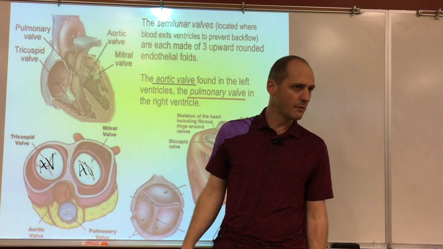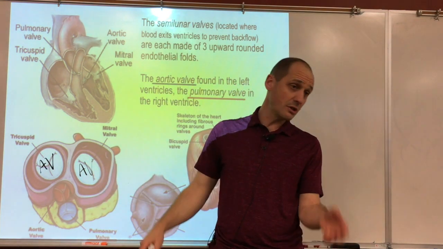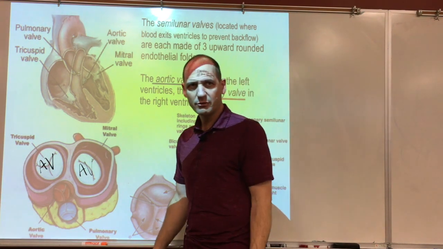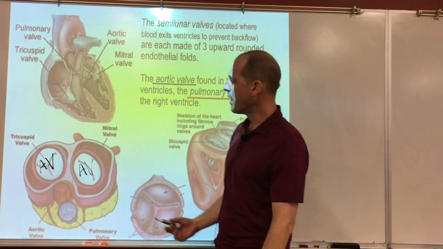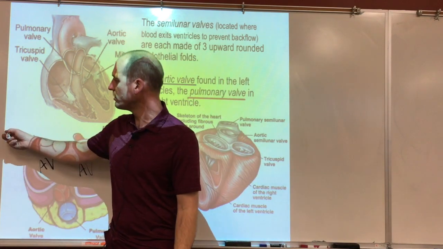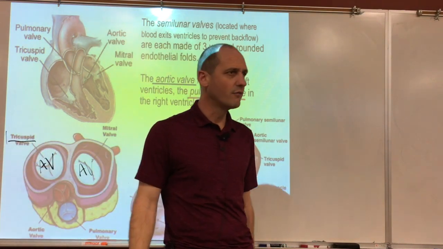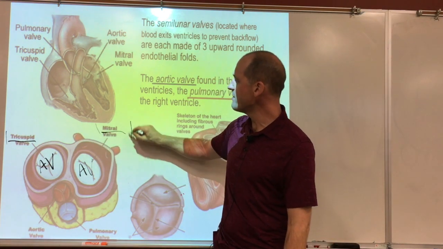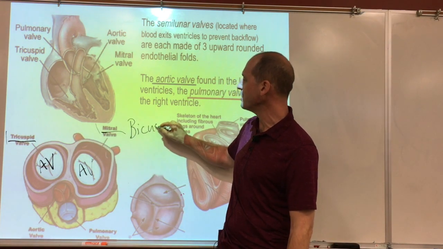Atrioventricular valves. Or, since these are anatomists and they have nothing else to do other than naming things, to brief us a little bit more, the one on the right side they call tricuspid valve, and the one on the left side they call mitral, or even a different name, bicuspid valve.